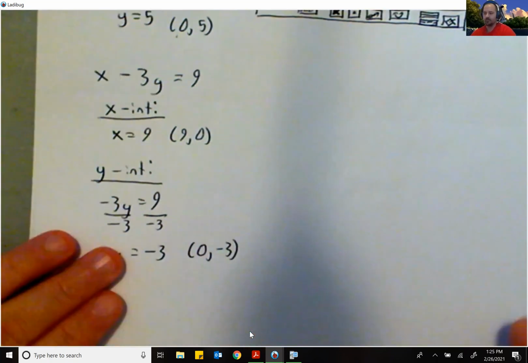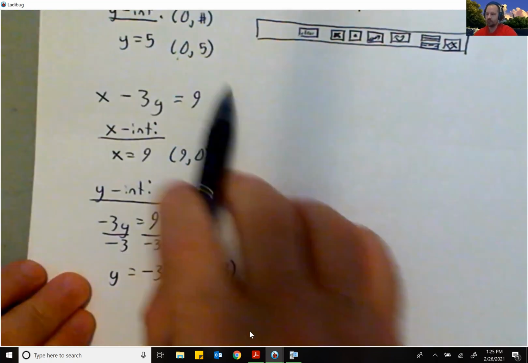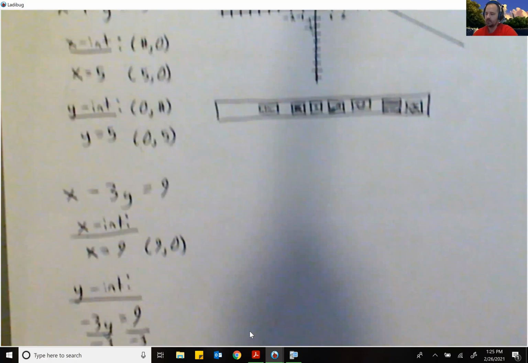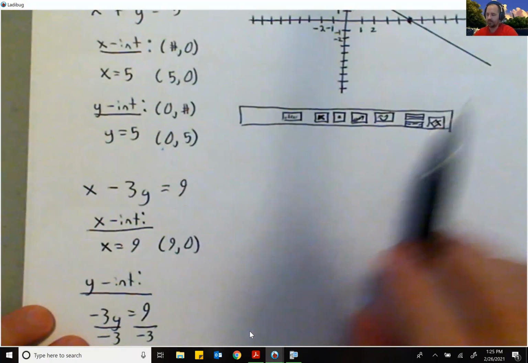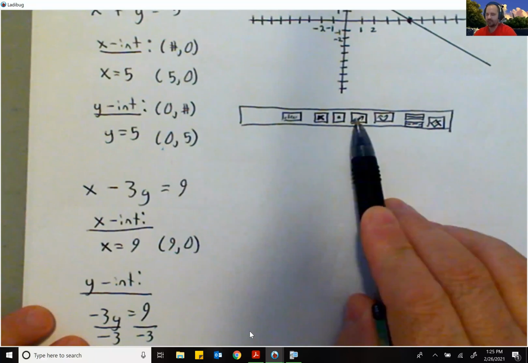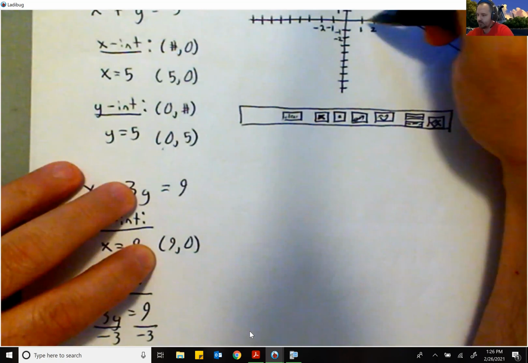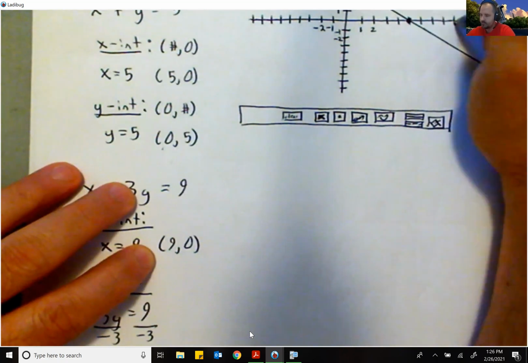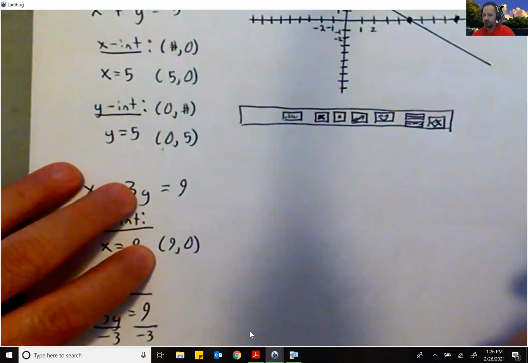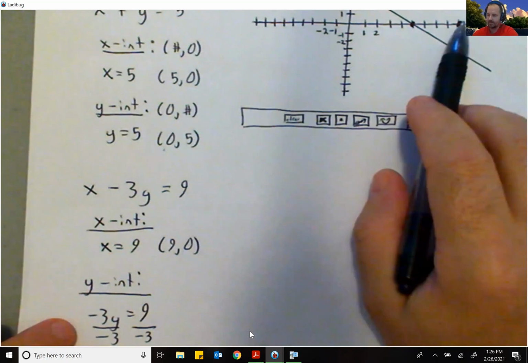And so we come up here and we're going to graph these 2 points to make our line. We click on the graph, we get our toolbar, we click the line, and I'm going to graph 9, 0 first. So 1, 2, 3, 4, 5, 6, 7, 8, 9. Once I move away, my line is there.